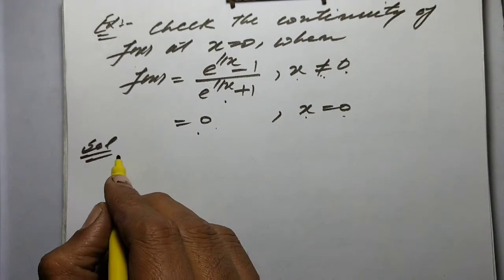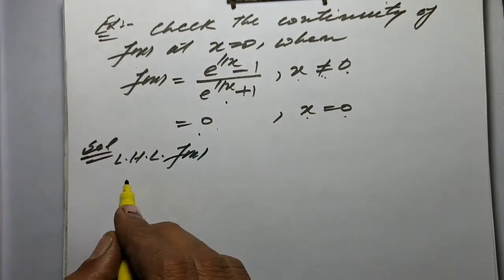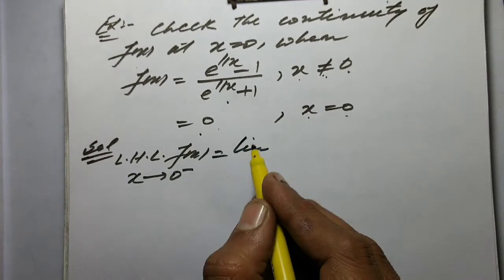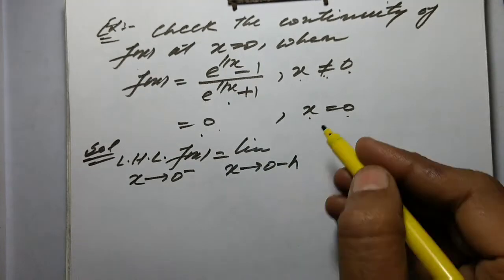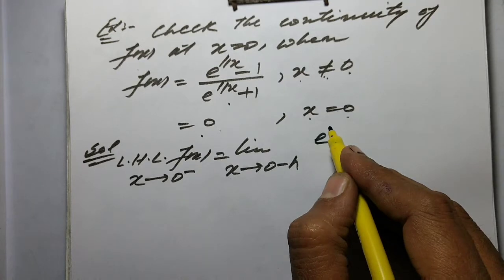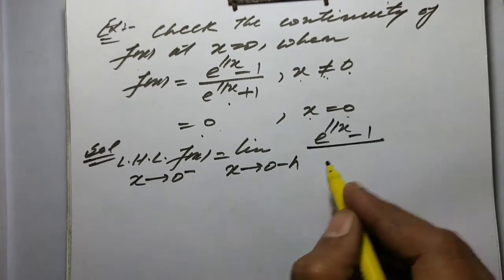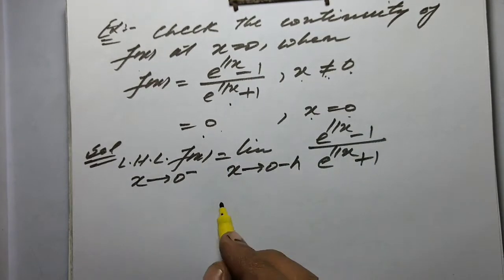So let us start with left hand limit. Left hand limit of f(x) when x tends to 0 negative is equal to limit x tends to 0 minus h. The function is e^(1/x) − 1 upon e^(1/x) + 1.